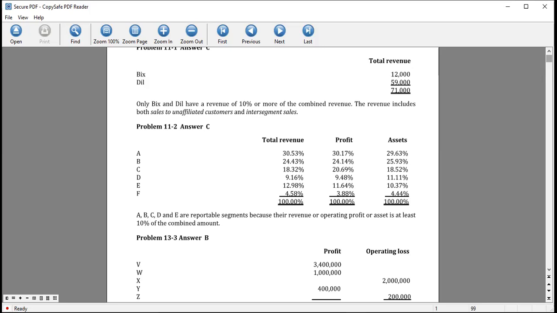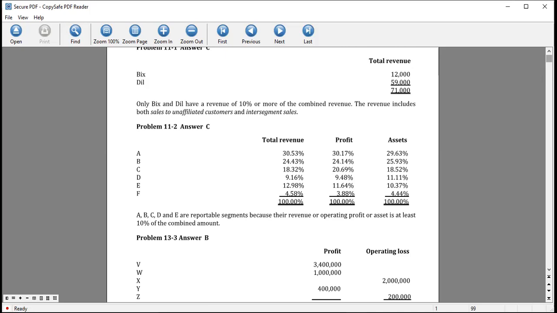Then we have B of 8 million, C of 6 million, 3 million for D, 4,250,000 for E, and 1,500,000 for F. So we have now the total revenue, and we divide the revenue of A over the total.